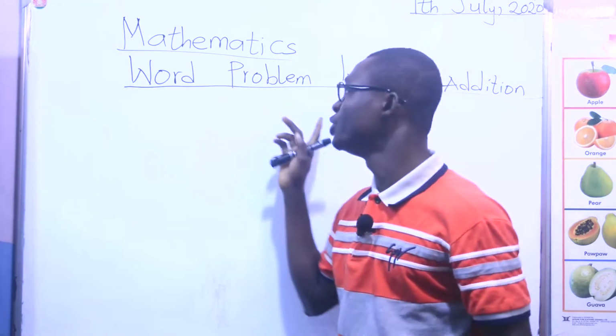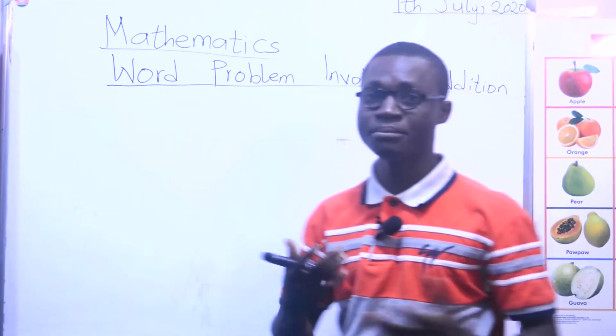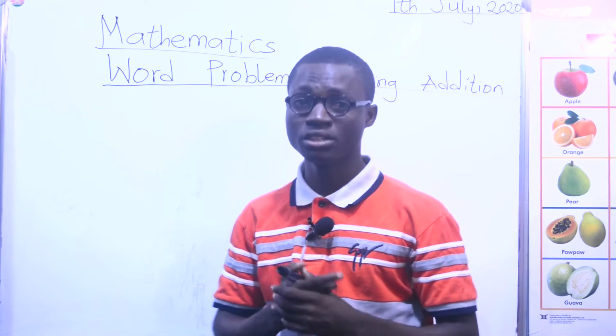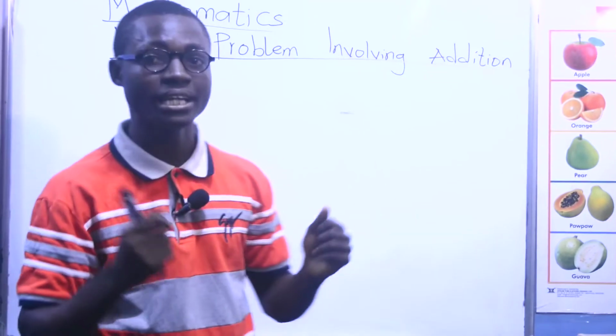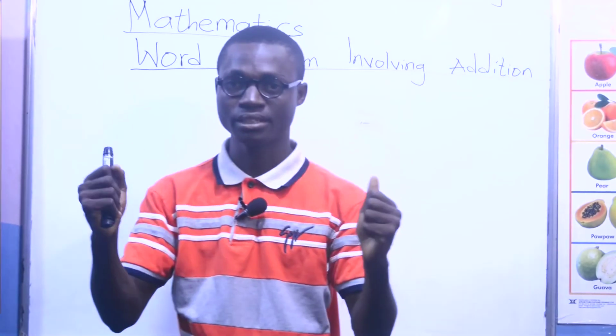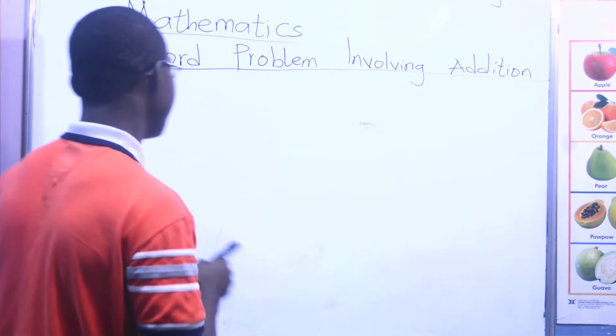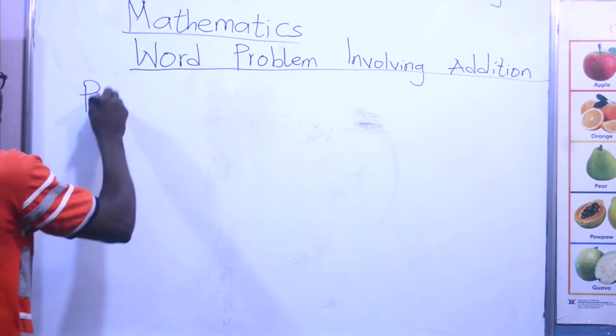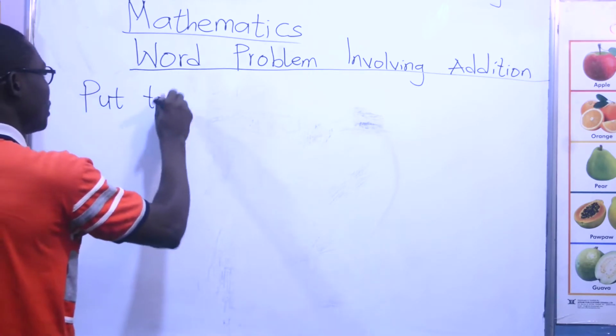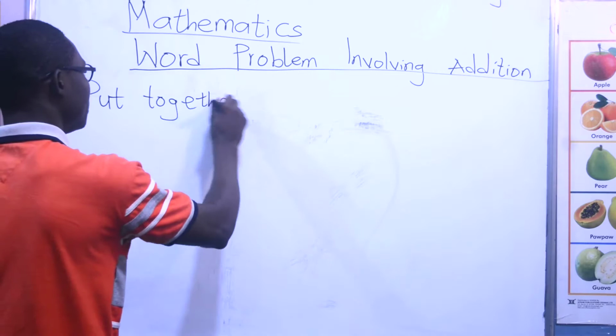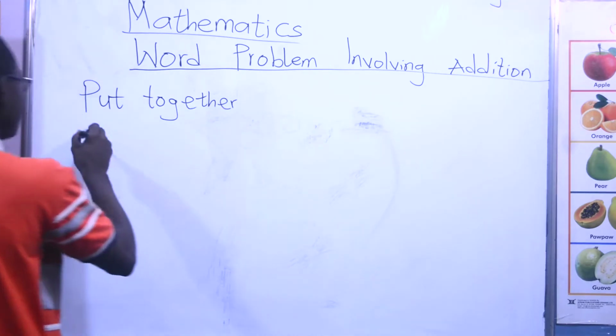First of all, we know addition. Addition means put together. When we say put together, it means you are adding the numbers that will be given to you. We also have sum.